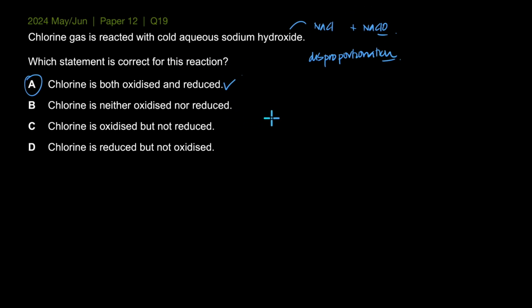And you don't need that information here because you can solve it without it. But the disproportionation reaction was with NaOH: 2NaOH and Cl2 makes NaCl and NaClO plus H2O. One chlorine atom gets reduced and one atom gets oxidized. This question comes pretty often, but if you know it already, you can solve it easily.